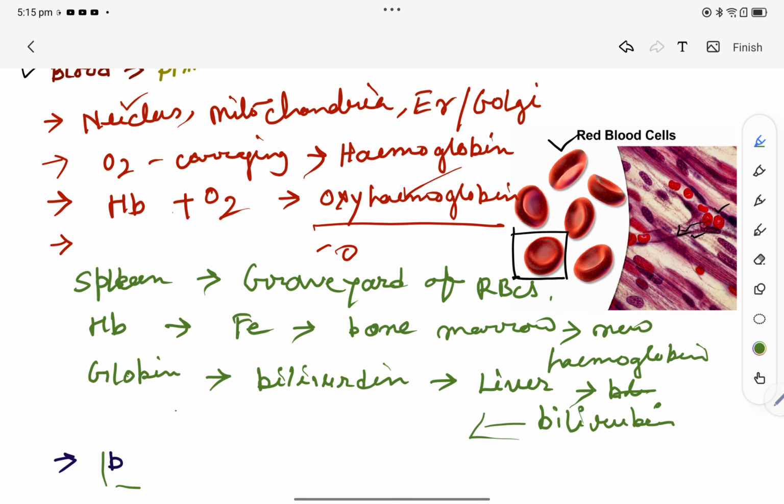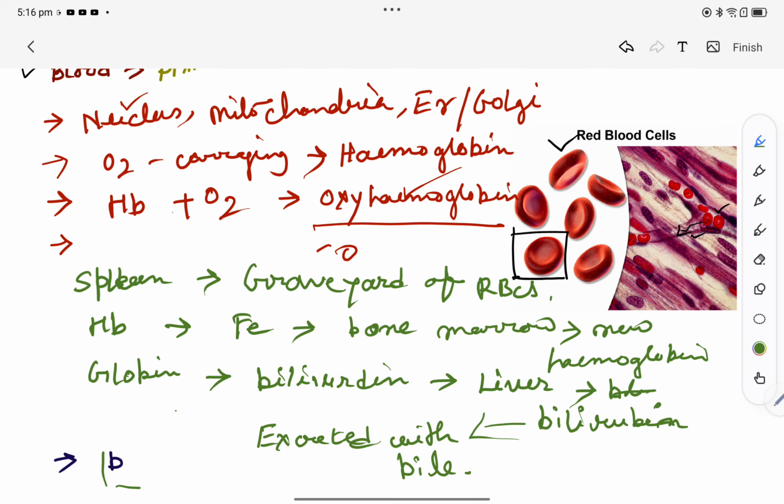It is broken down into 2 parts. First is iron, which goes back to the bone marrow and forms new hemoglobin, and the globin, that is the protein part, becomes biliverdin, is transported to the liver, then becomes bilirubin, and then it is excreted with bile salt. We all know how bile is used in our body.